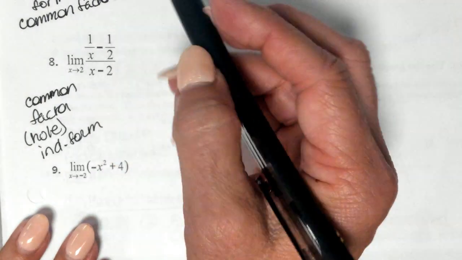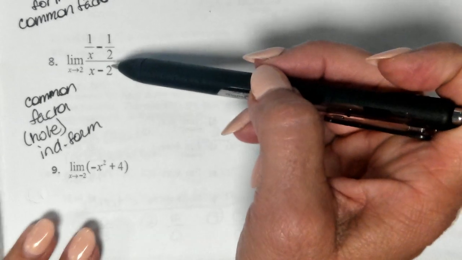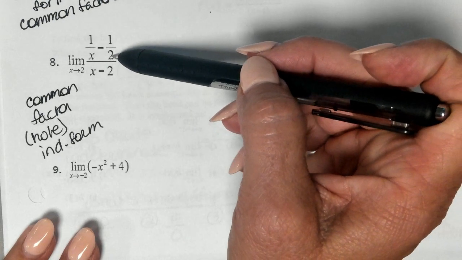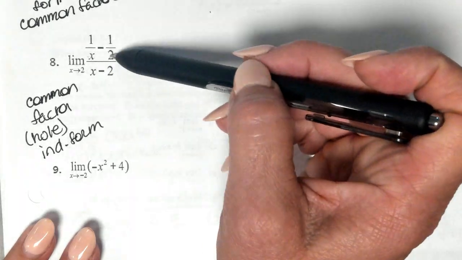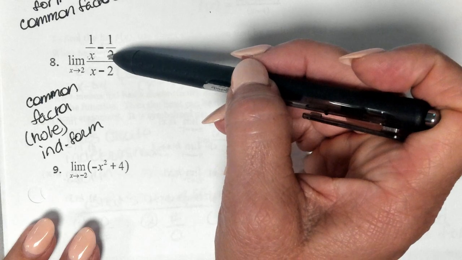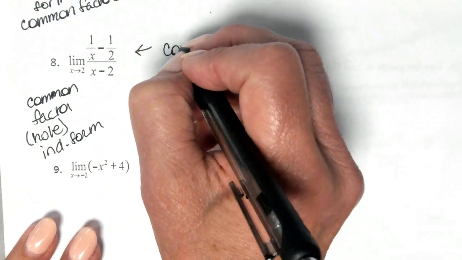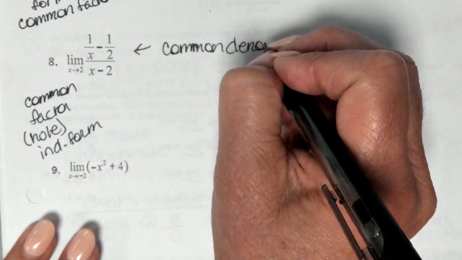So what I'm going to start off with is finding a common denominator. There are a couple of approaches you can take with this, but what I'm going to do is look at what would give me a common denominator right here in my numerator. My numerator's common denominator is going to be 2x.